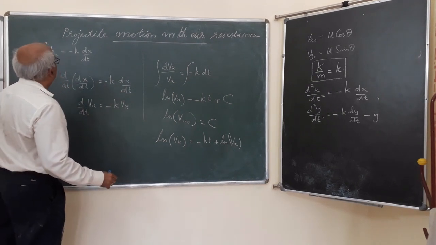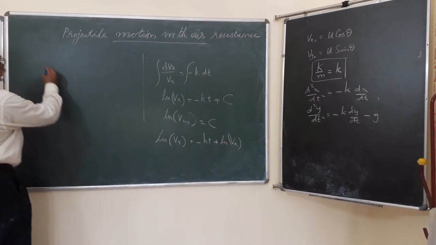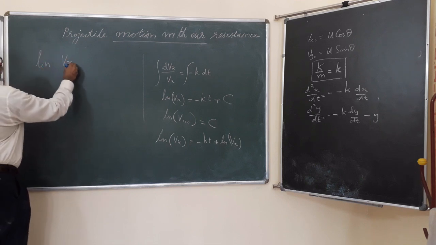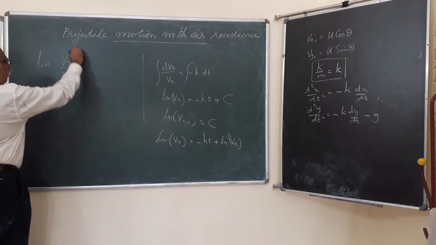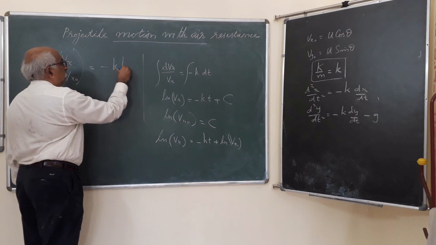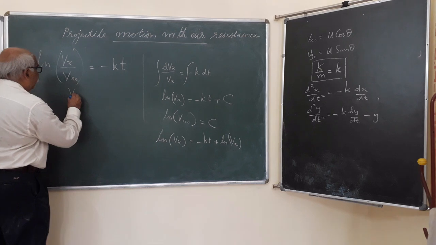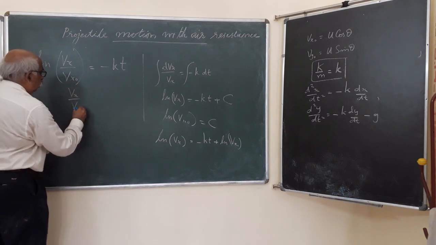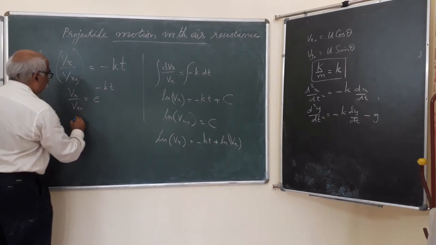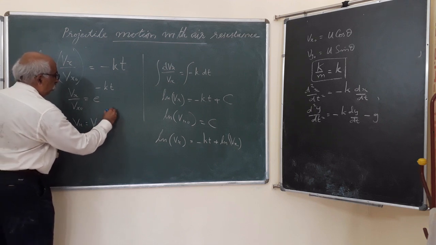Combining, we get ln of vx divided by vx0 is equal to minus kt. Exponentiating both sides, we get vx divided by vx0 is equal to e raised to minus kt, or vx is equal to vx0 e raised to minus kt.